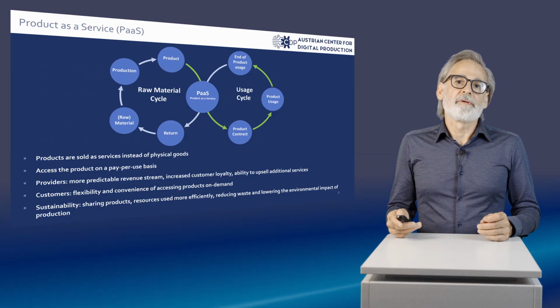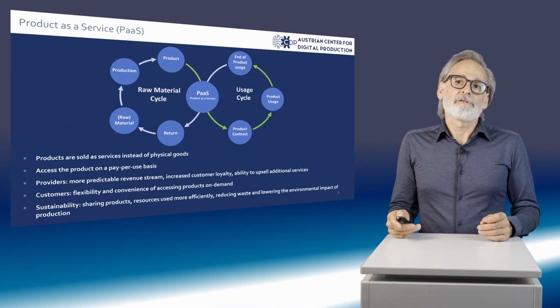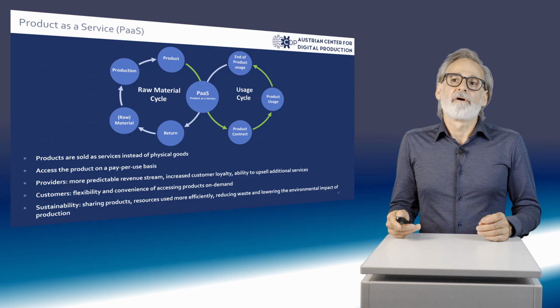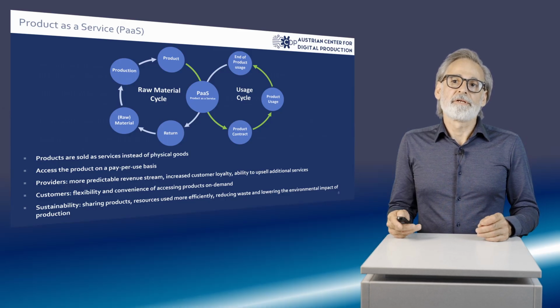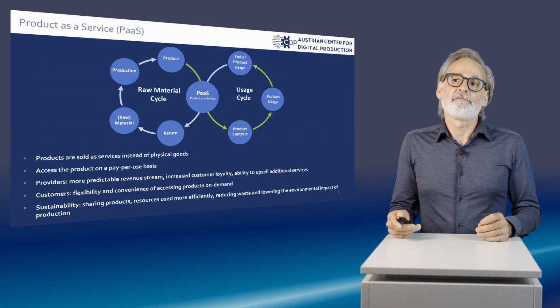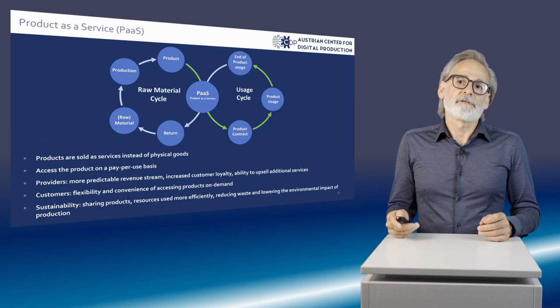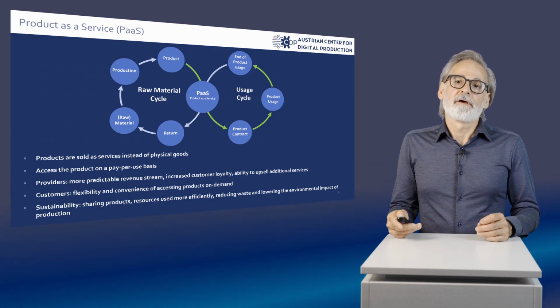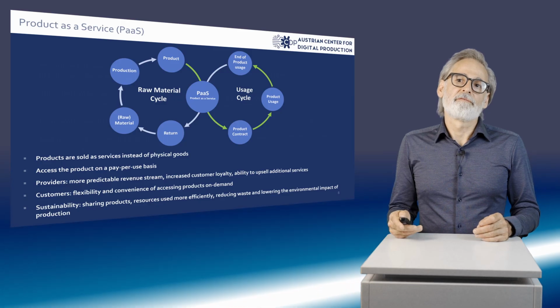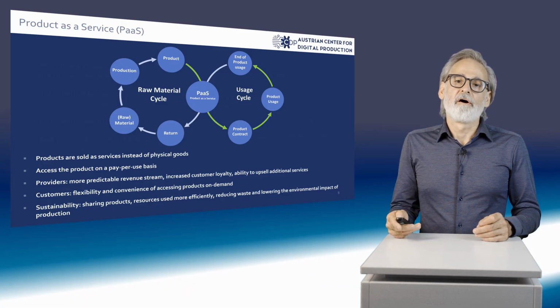So it means that the company retains ownership of the product and offers its customers the opportunity to use the product instead of owning it. So the customer pays for the use of the product while the company is responsible for the maintenance and repair of the product.